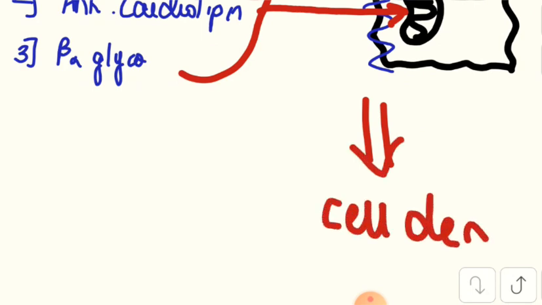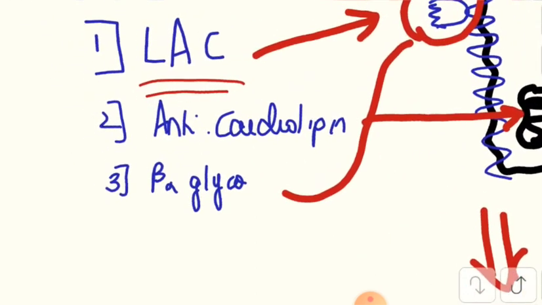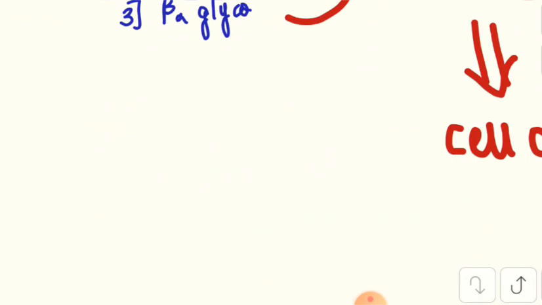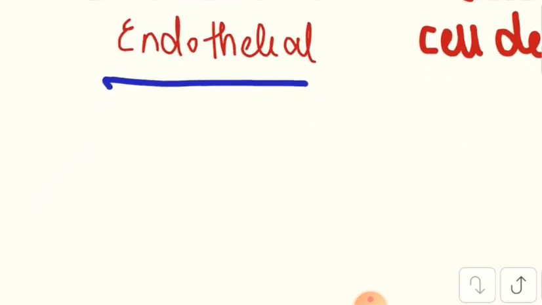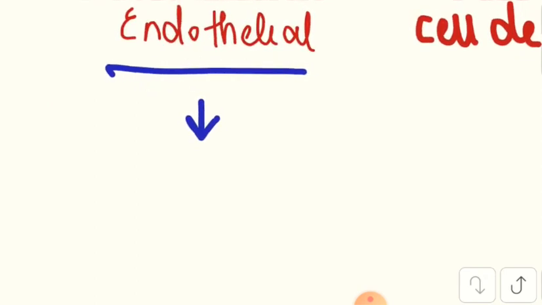Why cell death? Because once the membrane is damaged, all the cellular contents are exposed to the outside environment, which leads to cell destruction. Now, most of these antibodies attack what are called the endothelial cells. The endothelial cells are the ones bearing the brunt of this disease, and hence all the endothelial cell damage which is occurring leads to various pathology.